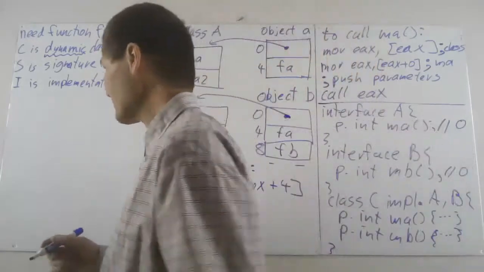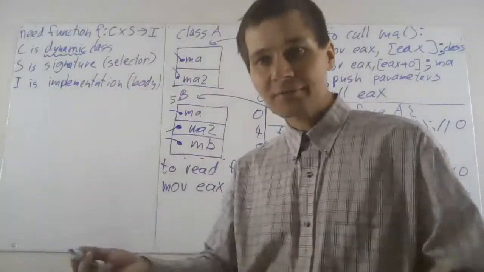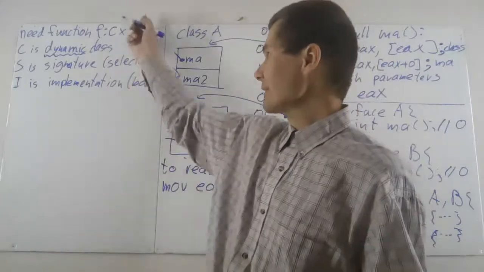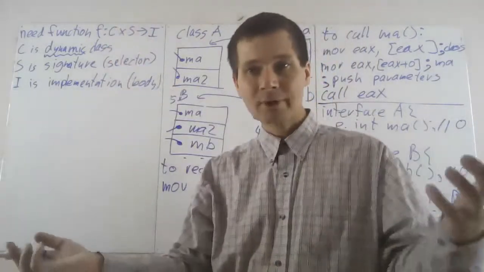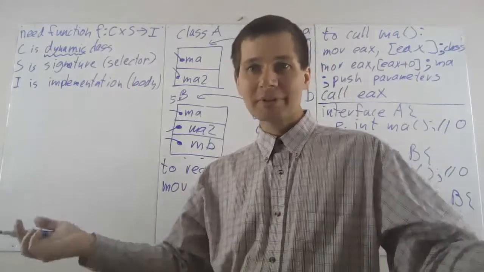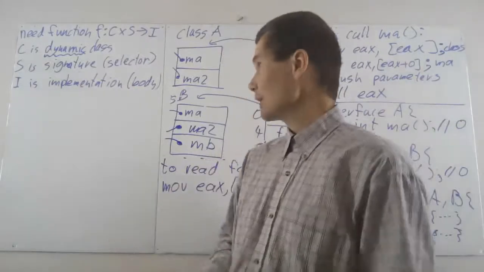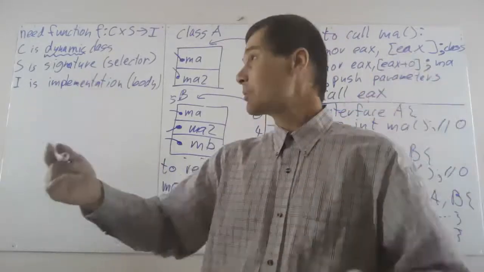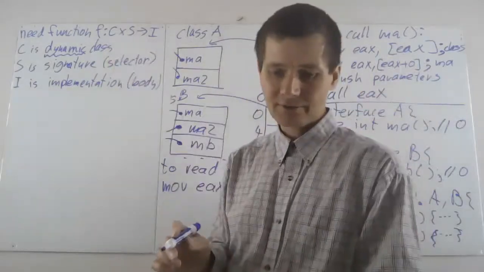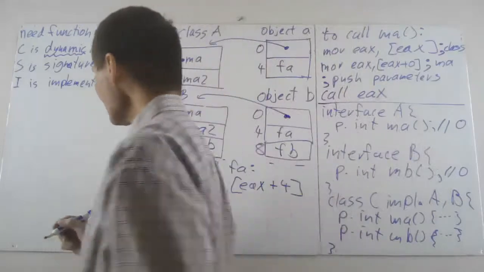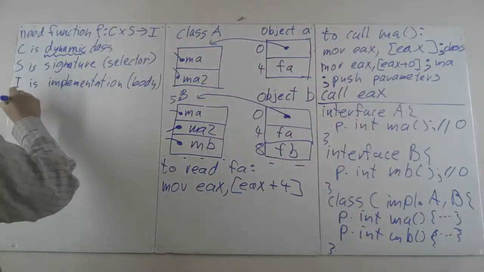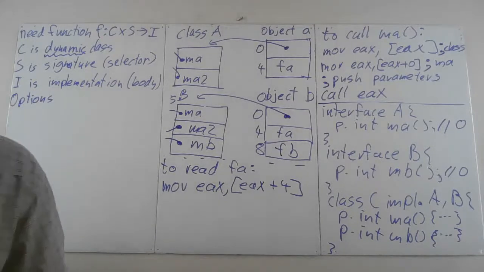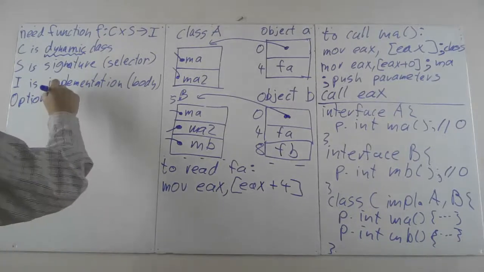Okay, and so there's all sorts of different ways you could implement this, but framing the problem this way means that you need to just find some implementation of a function like this, right? So I'm going to give you two options that are commonly used in various implementations.